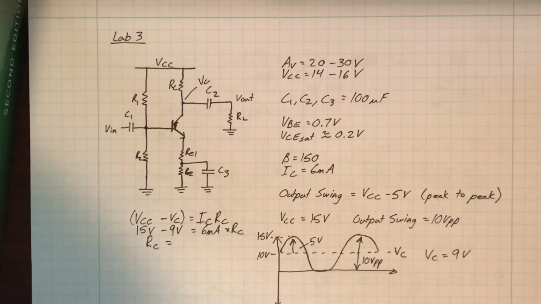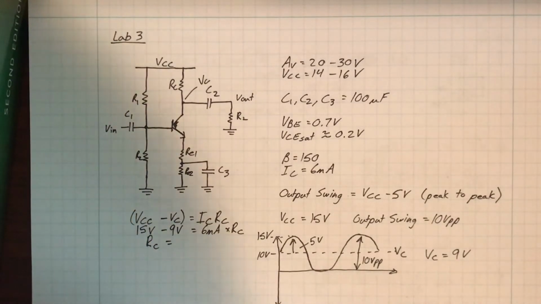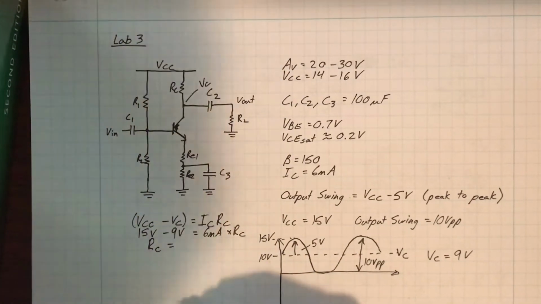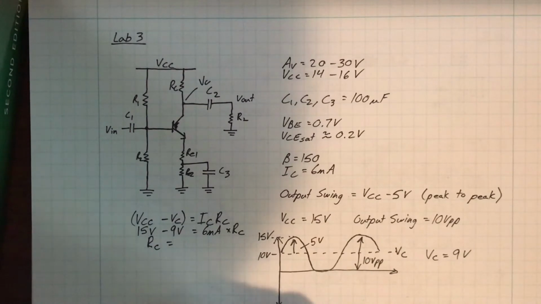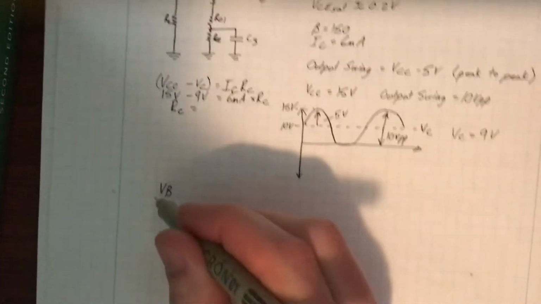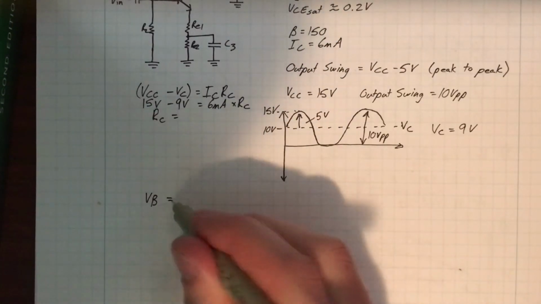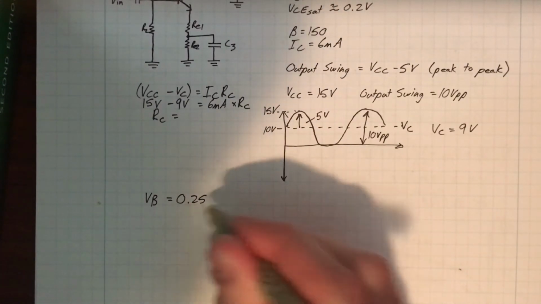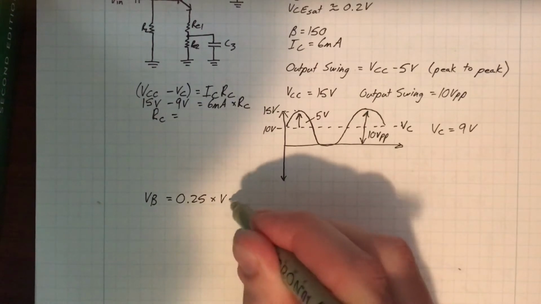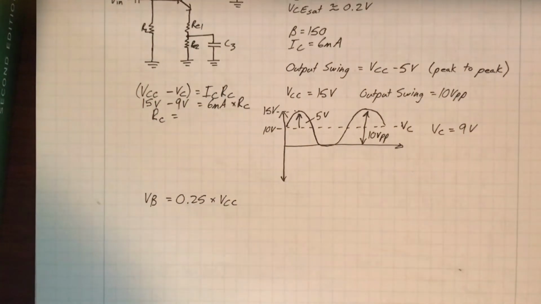Next, it says to choose the base voltage within some parameters that they tell you. So we're just going to choose the base voltage to be in the middle, 0.25 times VCC, just to keep things simple.